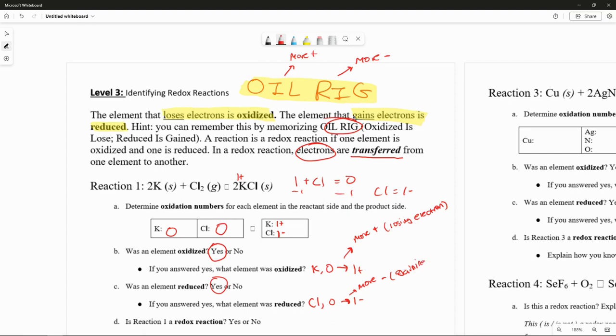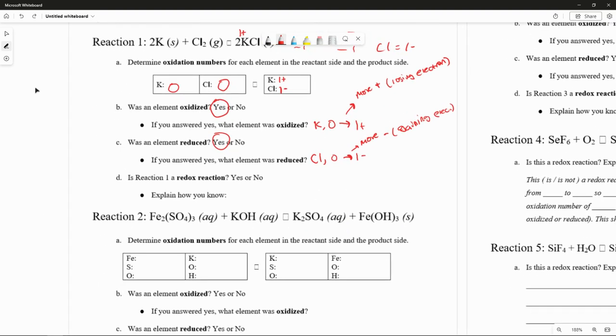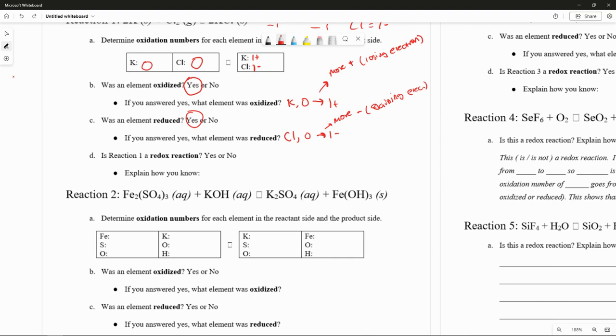So now we know there's oxidation for K and a reduction for Cl. Is reaction 1 a redox reaction? Yes, because both oxidation and reduction took place.